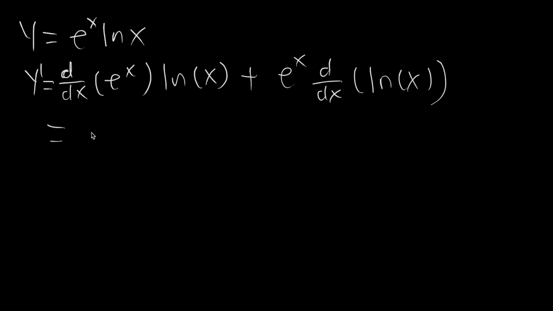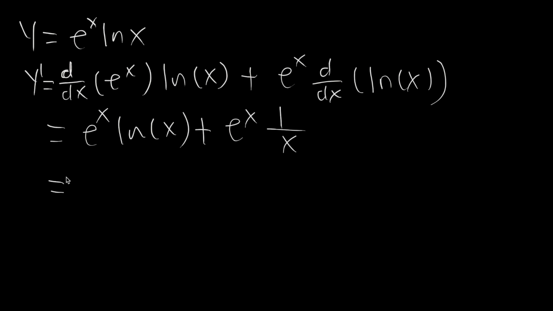The derivative of ln x is going to be equal to 1 over x. So y prime is going to be equal to e^x times ln x plus e^x over x.